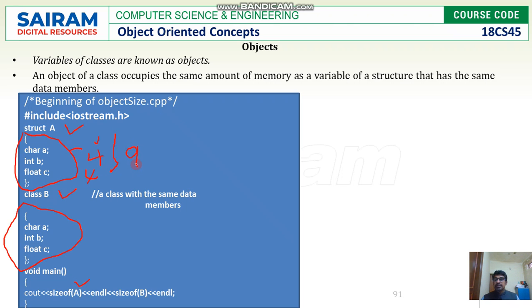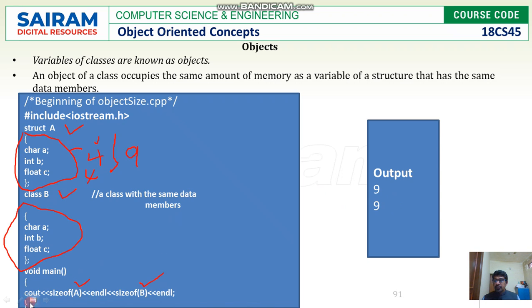So this should be the same even for the class variable. Let us see. We know that sizeof is a function which is going to give the size of a variable. So in this case, A is the structure variable, which is going to give you the size of a structure. And in the second case, we have B, and B is a class name. So let us see what output this is going to give.